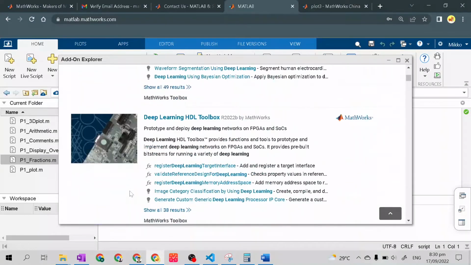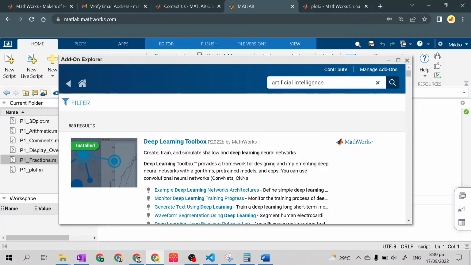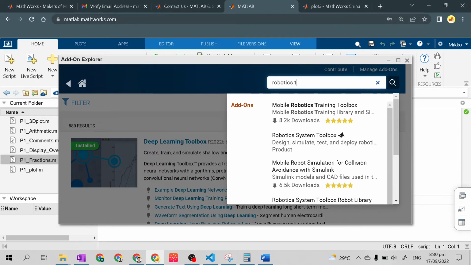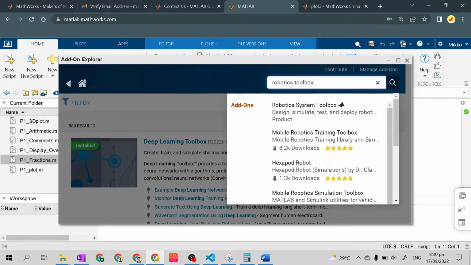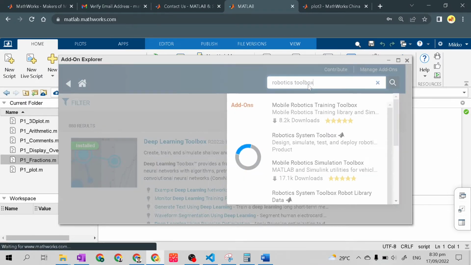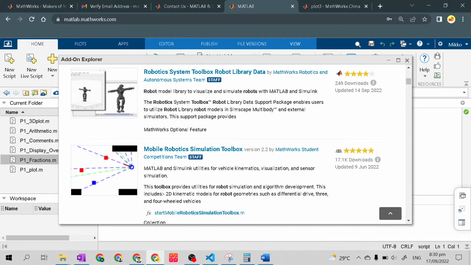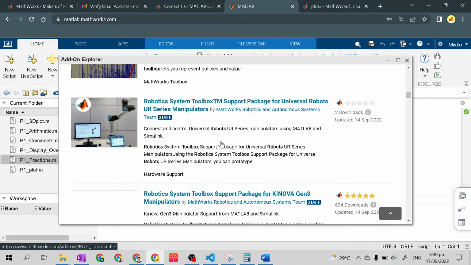In our robotics subject, I will introduce you to the robotics toolbox in the coming days. This is the main toolbox we will use. Where is it?